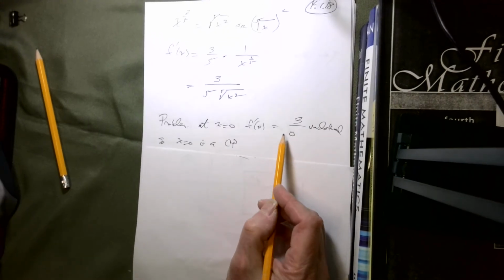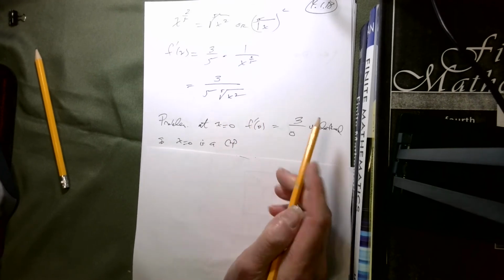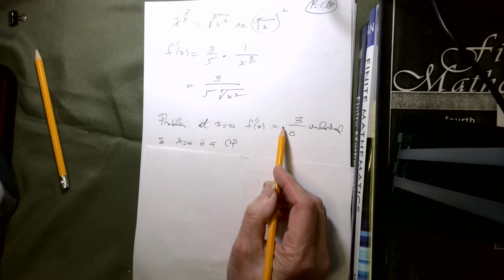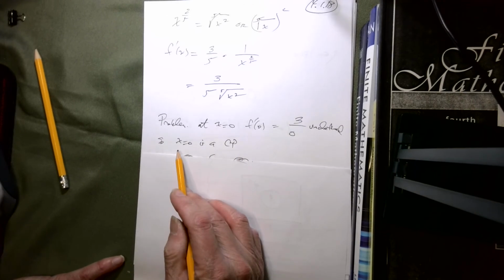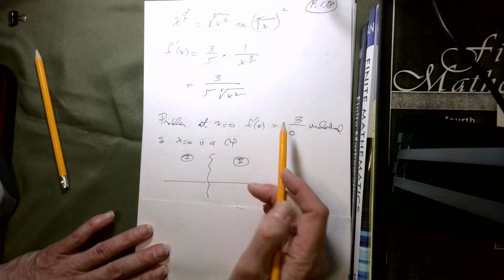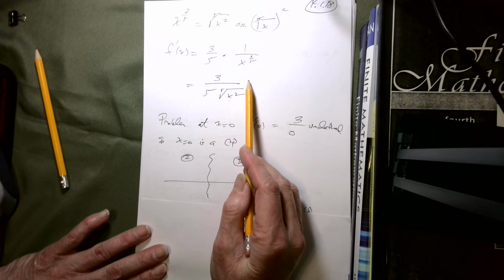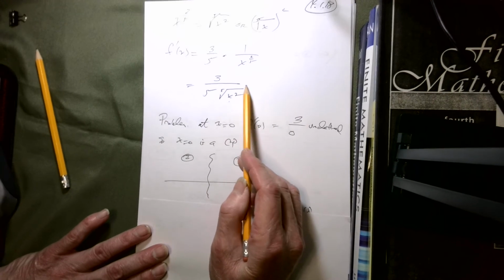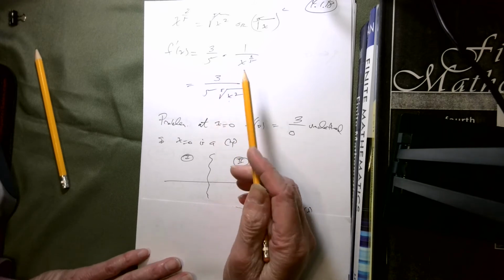And like I said, if x is equal to 0, we have a big problem. It's 3 over 0, which is not indeterminate, but it's undefined. So in other words, 0 is a critical point in the sense that the derivative is undefined. There is no critical point in terms of making this guy 0, because 3 is never 0.